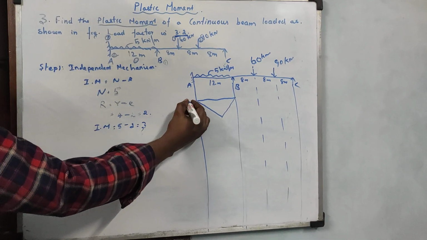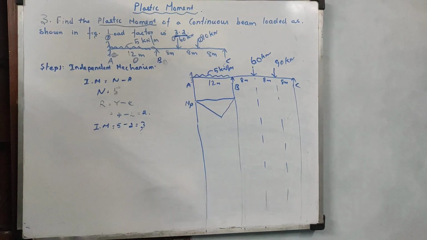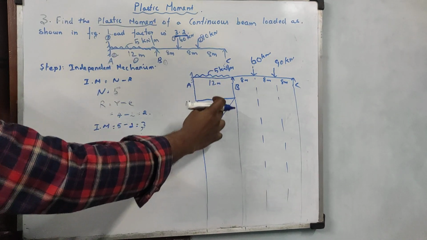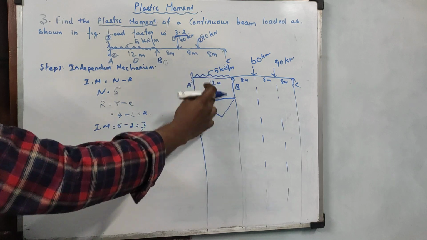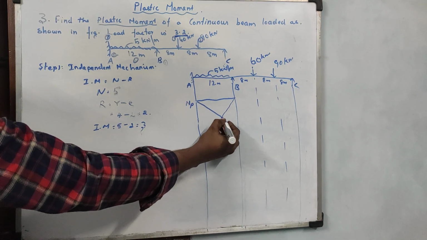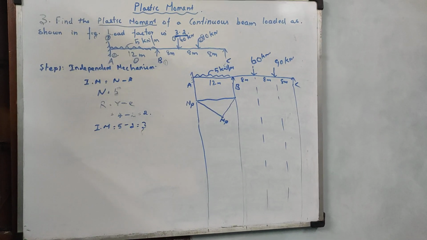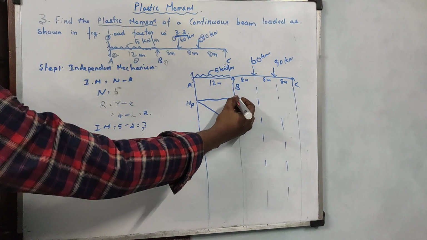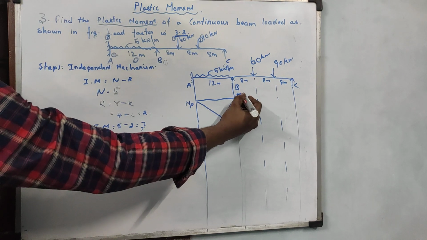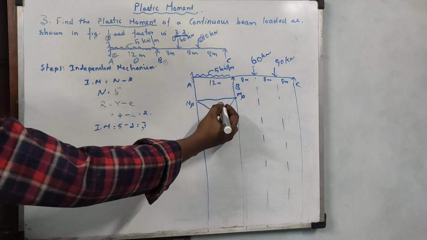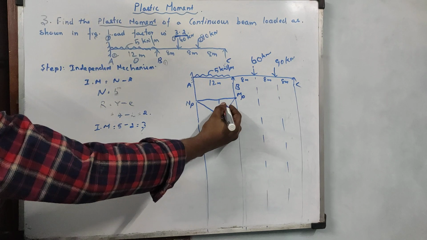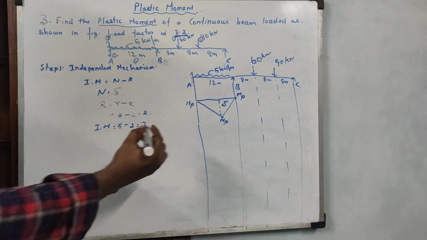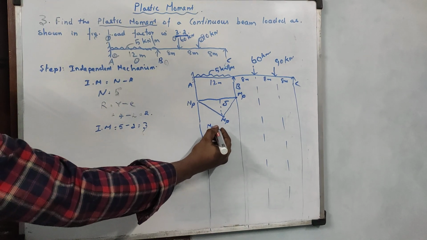At a fixed support there is a plastic hinge, plastic moment, and under the UDL, under the maximum bending moment, there is a plastic moment, and it is an intermediate support, right? So at the intermediate support there is a plastic moment, and this is the deflection. It is mechanism 1.